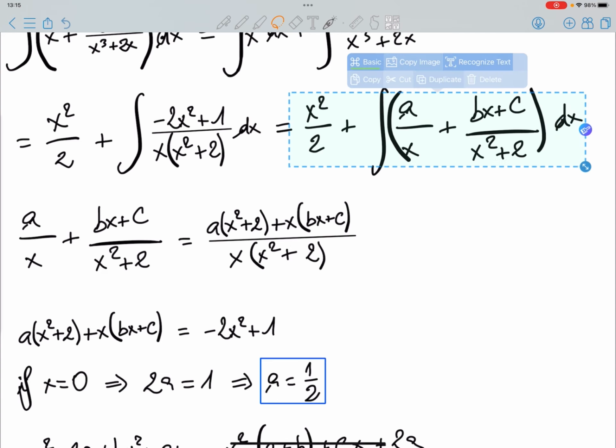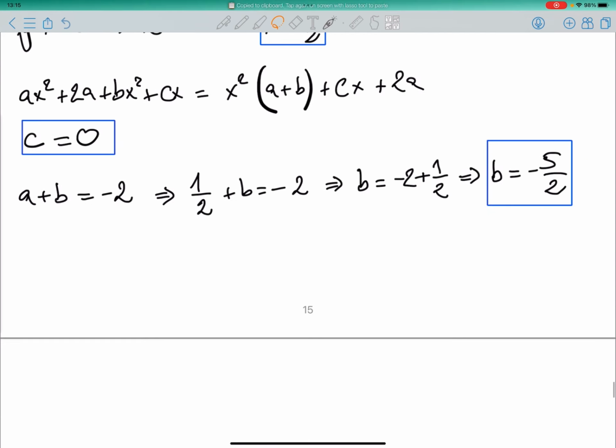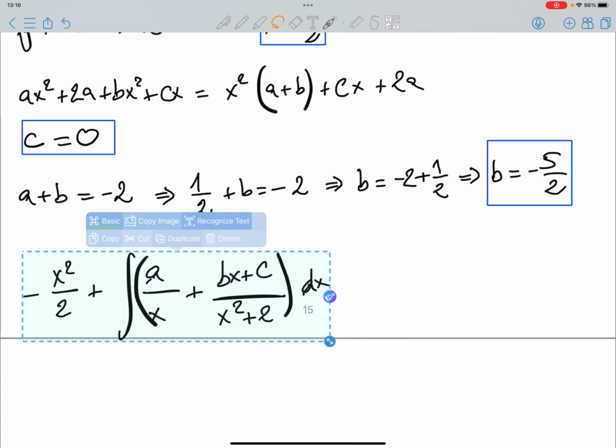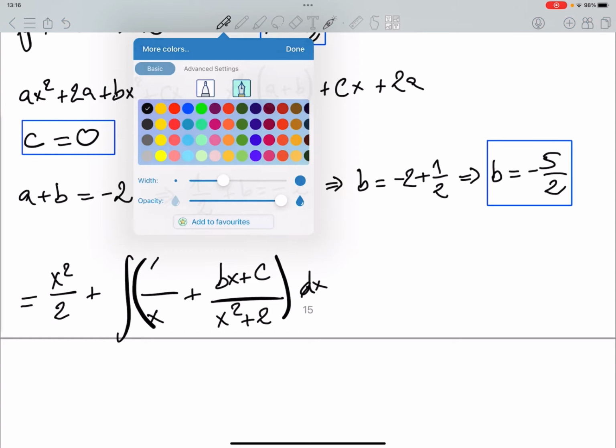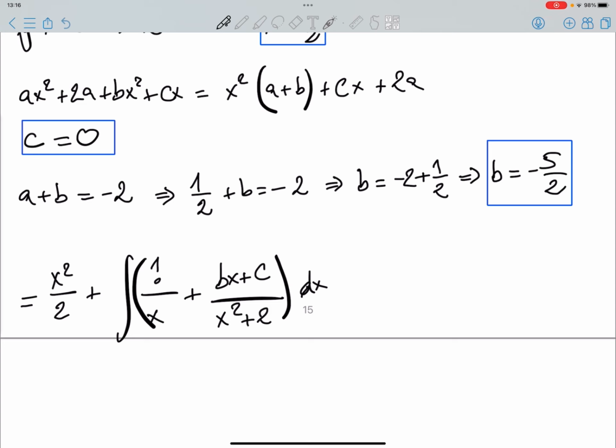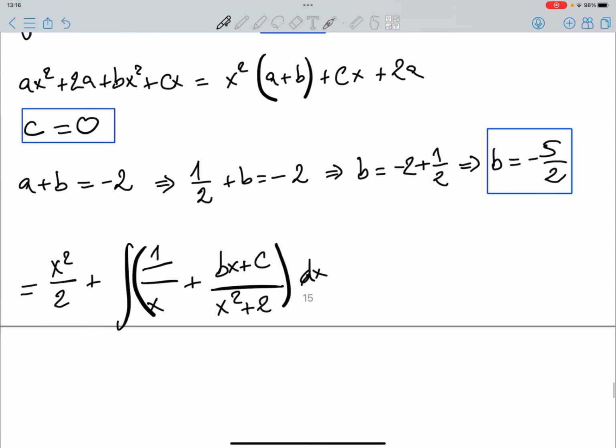So this whole thing, now we can substitute a. We said that it's 1/2, b is -5/2, and our c is 0, right?